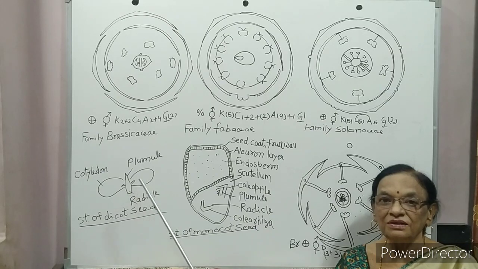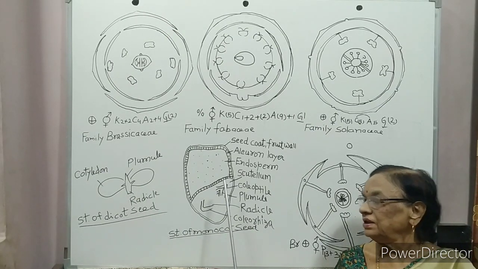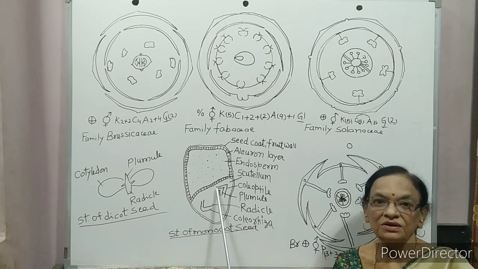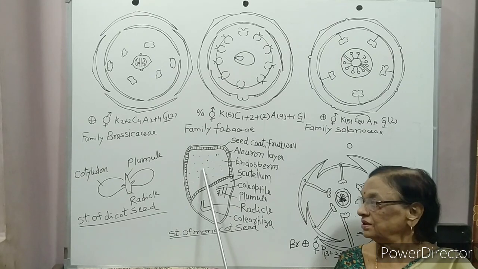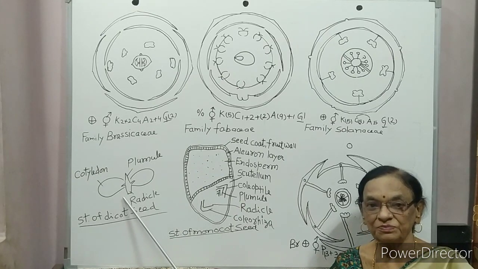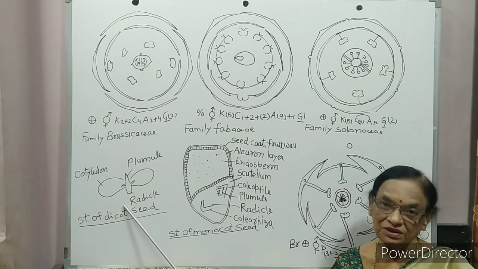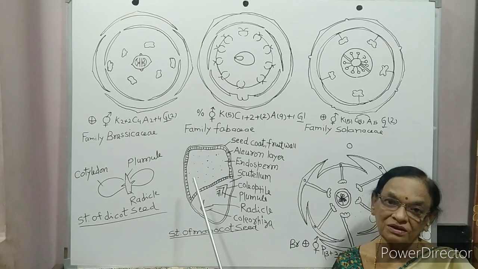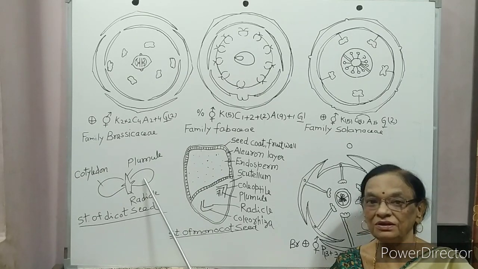Cotyledons are lateral in dicot, while in monocot the cotyledon is vertical. Here endosperm is present, here no endosperm. So these are the differences between dicot and monocot seed. Two cotyledons, one cotyledon.